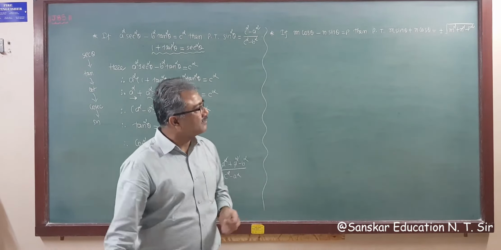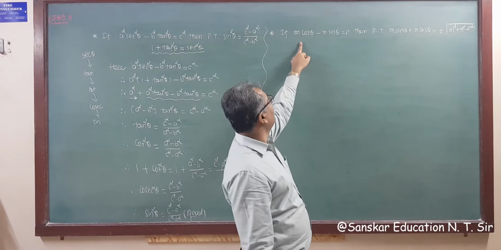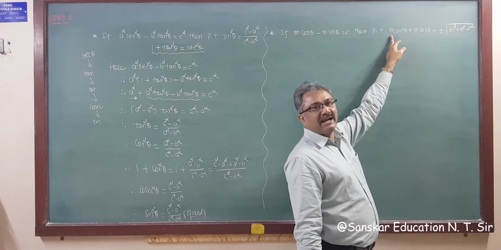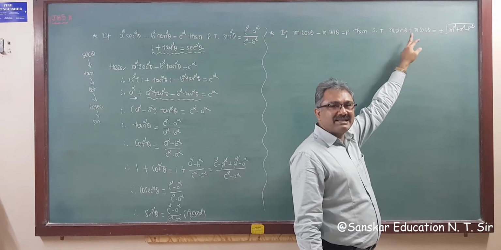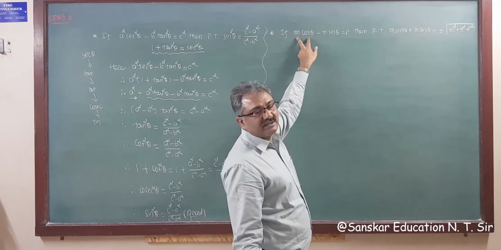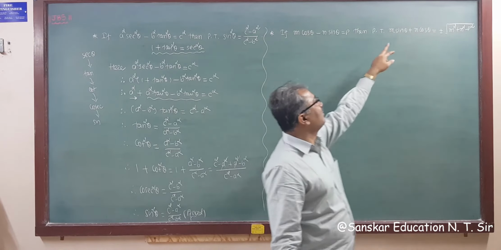Now see, this is given, and in the answer we require sine with m. So the coefficient of sine is here m. So with m here is sine, and with m here is the cos function. So we have to change this cos into sine, then we will get your answer.